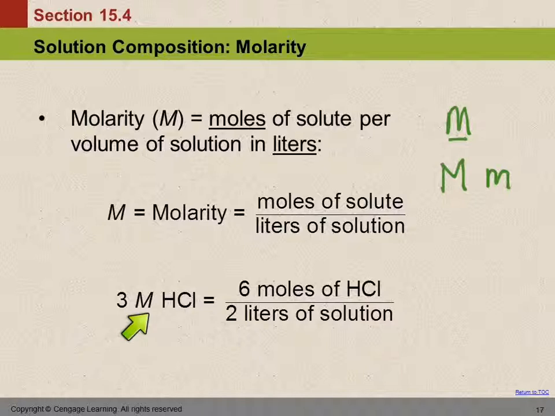No, it's a concentration unit. So 3 capital M HCl means there are 3 moles per liter of solution. That could have been made by putting 6 moles of HCl in 2 liters of solution. And when you do the math on that, it comes out to be 3, and then the units would be moles over liters, or we abbreviate that 3 capital M.